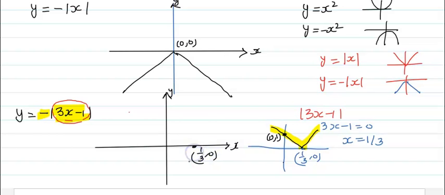This is our center point, and from here we are going to reverse it. You can see my red ink. This is going like this, this is going like this, and it was from 0 and 1, this point here, so this will be 0 and minus 1. Okay, 1 by 3 and 0. So this is the graph of y equal to minus modulus of 3x minus 1. Okay, let's see one more question.